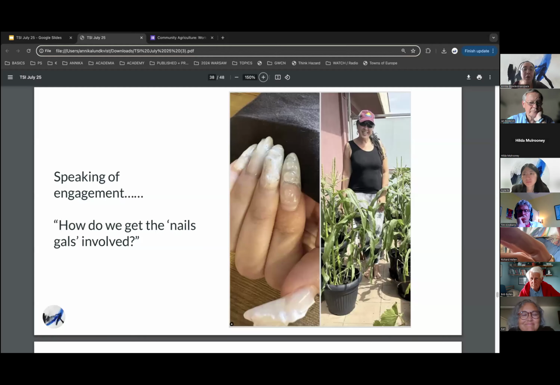The two young women working in the salon were completely blown away. I would never have guessed that they were so curious. What are you doing? Where is this? Why are you growing these things? How interesting. I walked away from that thinking, if I had a community garden, I would have instantly given them the information and said, come by for a community garden party.